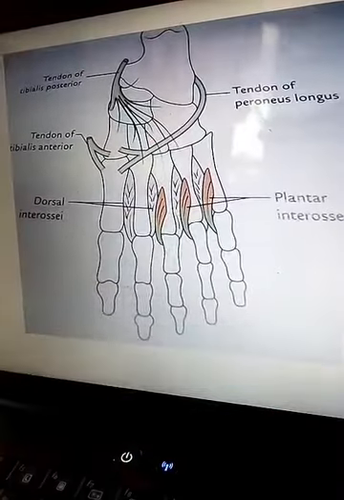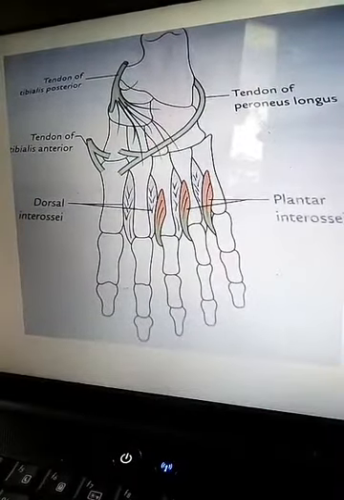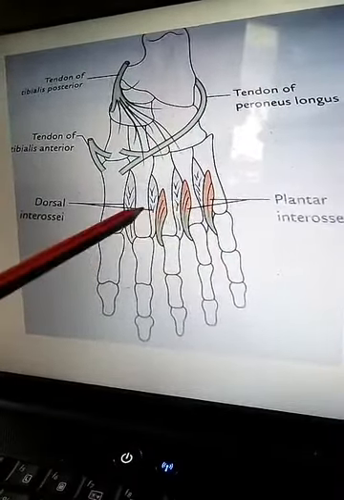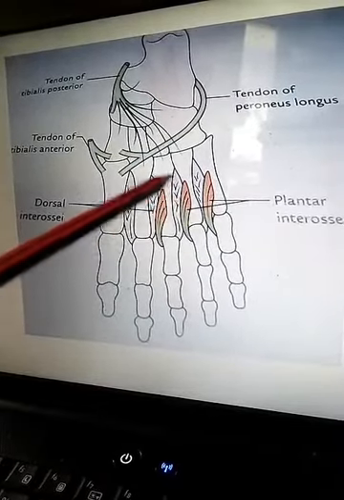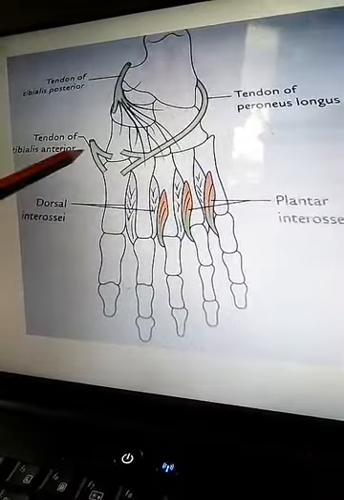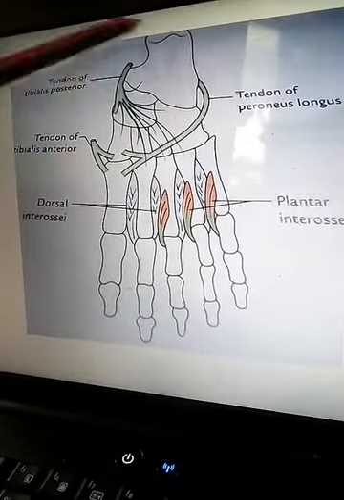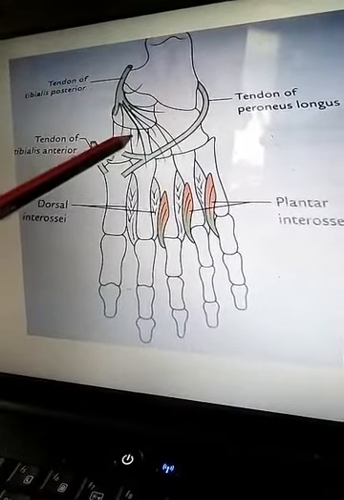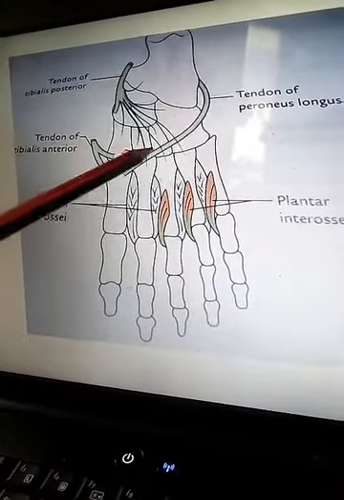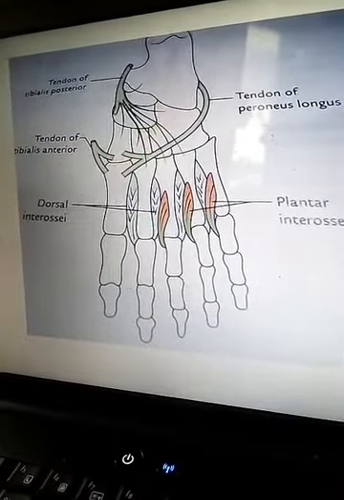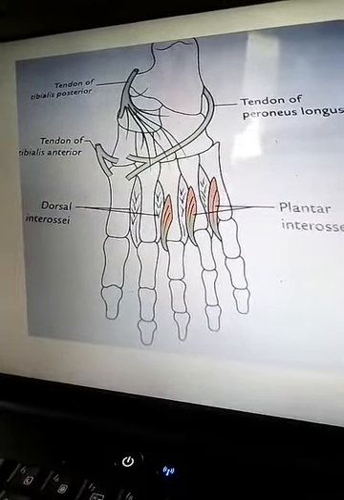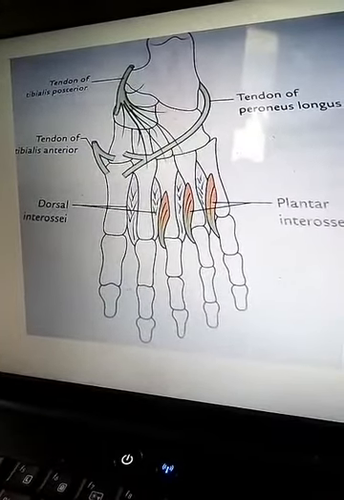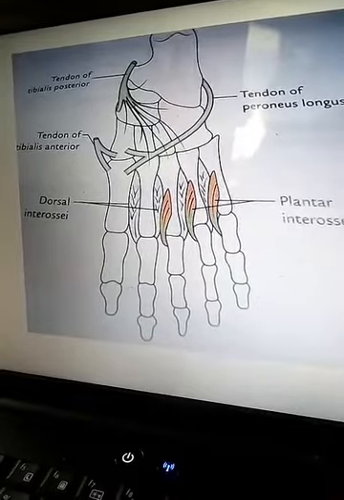And the fourth layer consists of interosseous muscles, dorsal interosseous and plantar interosseous, the tendon of tibialis posterior, and the tendon of peroneus longus. So these were the muscles and tendons of the four layers of the sole.